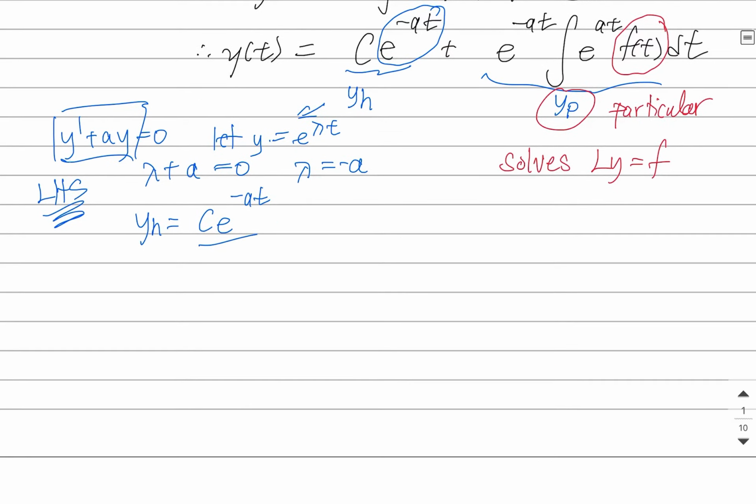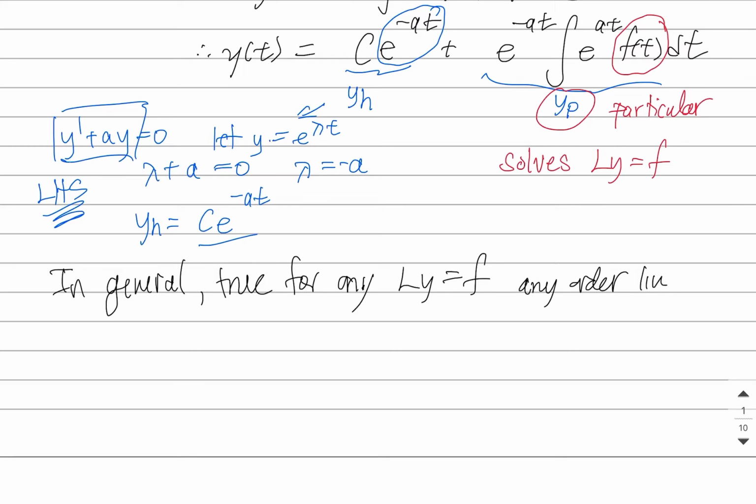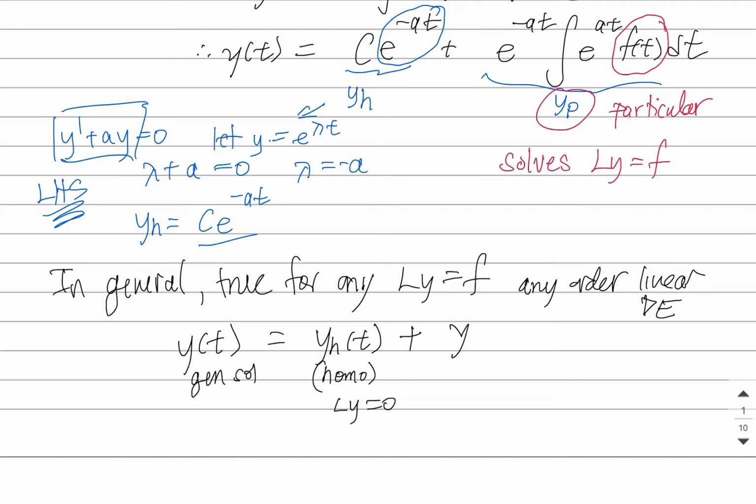Now, in general, this is going to be true for any Ly equals f, any order linear DE, that the full general solution will always be the part that comes from solving the homogeneous, the associated Ly equals 0, plus a part that comes from dealing with the right-hand side, something that we call the particular solution.